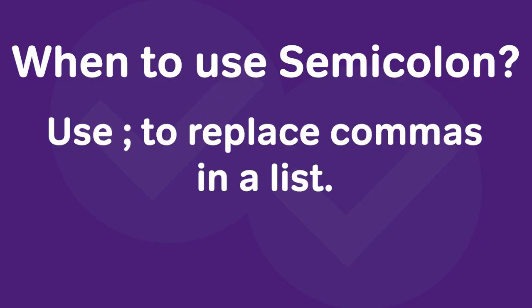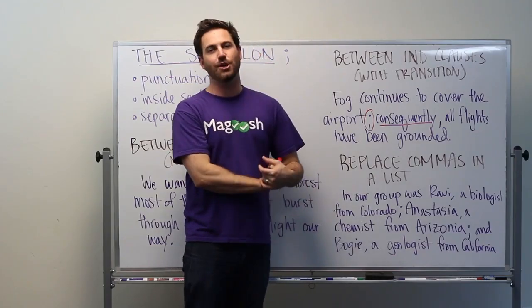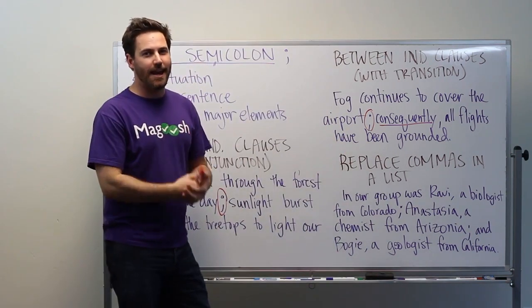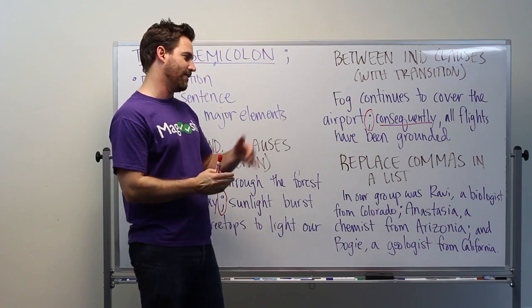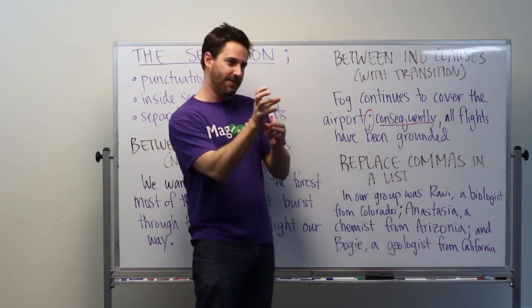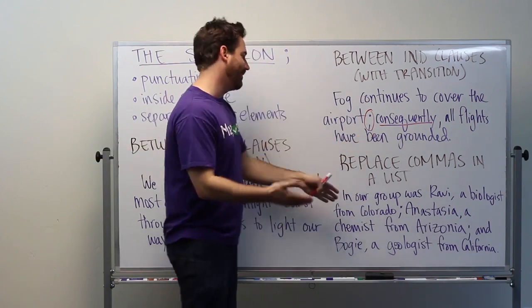And the last way that you'll see semicolons used is to replace commas in a list. This is something you don't see so often because you don't tend to have lists that have commas in them. So that's really when you're replacing commas in a list, because the items in your list have commas in them. What does that mean? Let's look at an example.